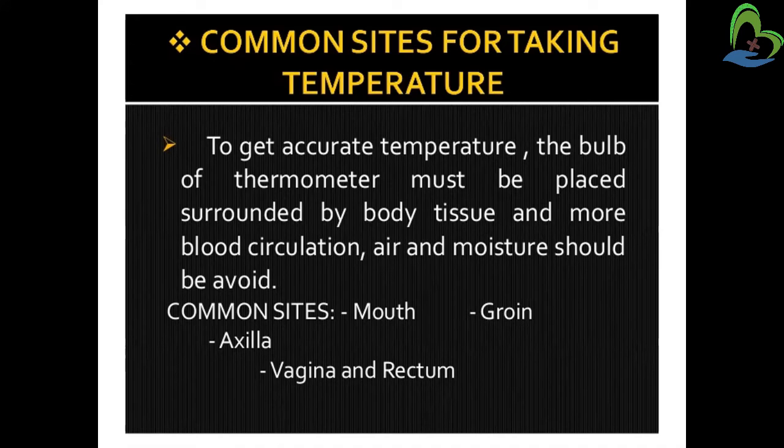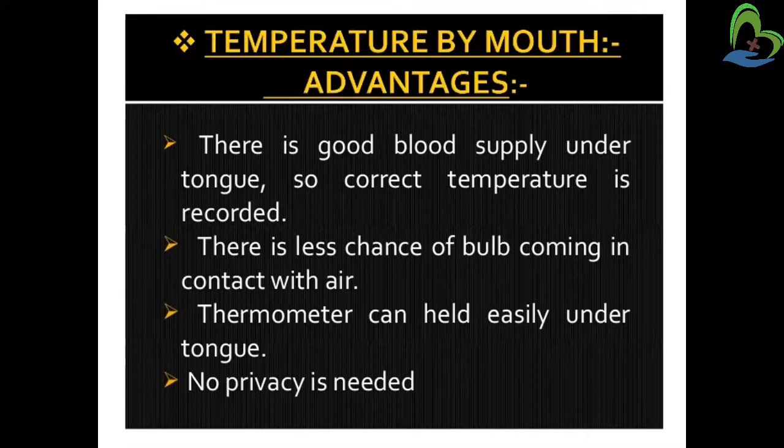So here we first have to keep in mind that the thermometer's bulb should be placed in such body parts that have more blood circulation and less air as well as moisture. Okay, so here the common sites are the mouth, that is under the tongue, sublingual, then the groin region, axilla, vagina, and rectum.